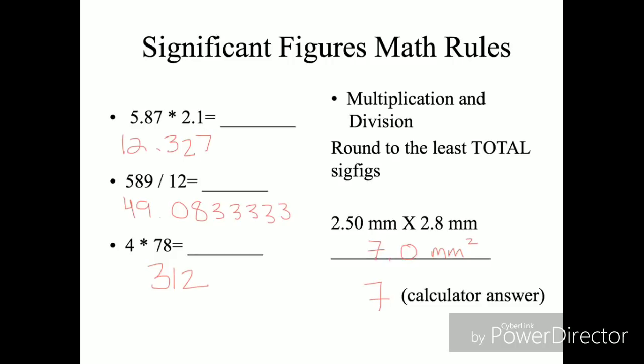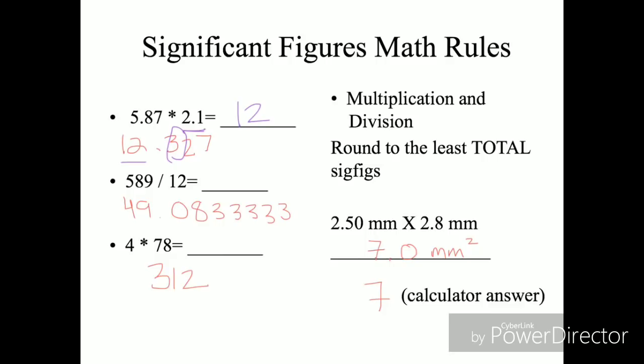That means our answer should only have 2 significant digits, so it has no more significant digits than our least significant number. That means we'll keep the first 2 significant digits, and we'll refer to the third to determine how to round. Our answer here would be reported as 12.